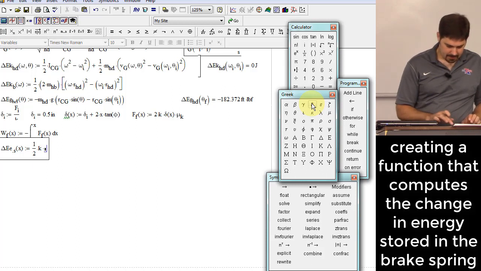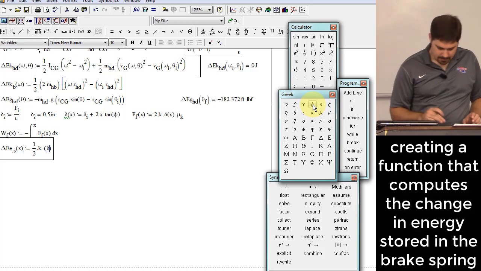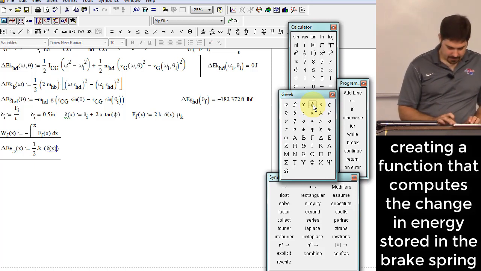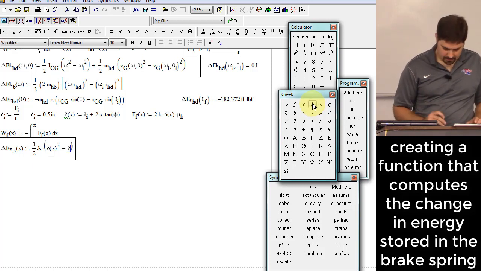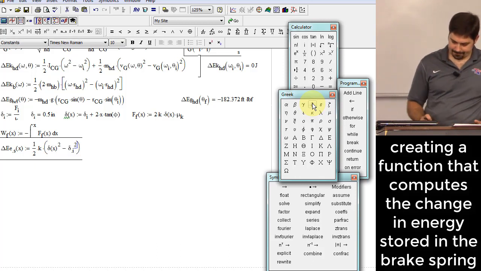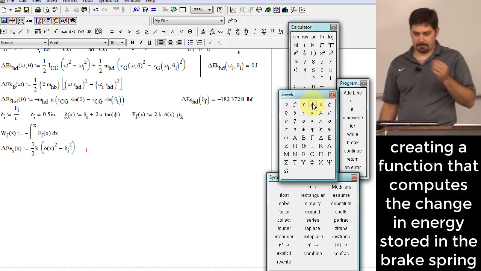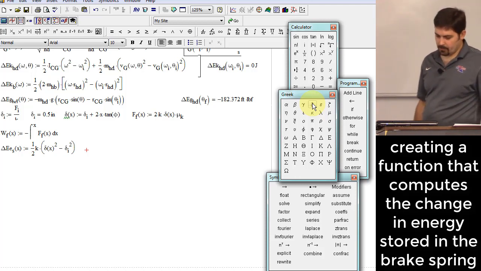All right. Times this delta as a function of x. That will be squared. And then we will subtract delta I squared. Okay.